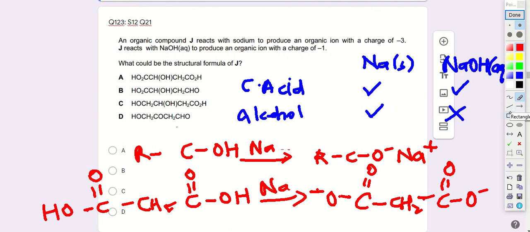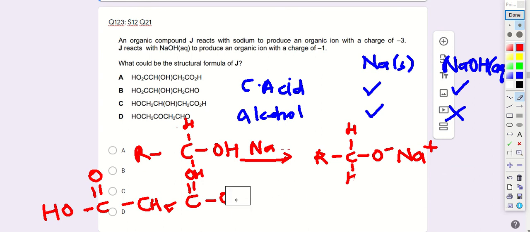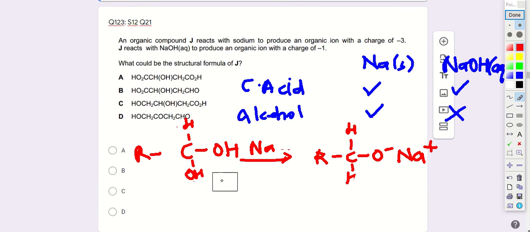Sorry, I missed out the H. So if it's alcohol, you get an organic ion with -1 charge also when it reacts with sodium. I was just trying to explain why there is a negative charge when they react, because they form ionic salt with sodium or sodium hydroxide.